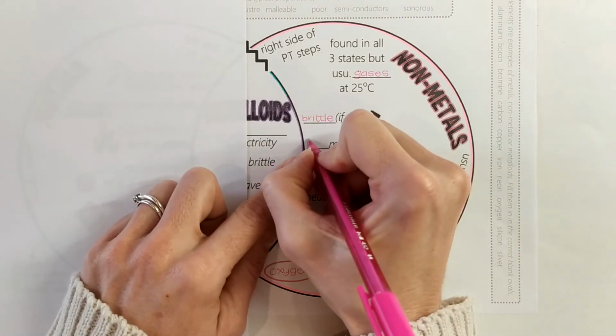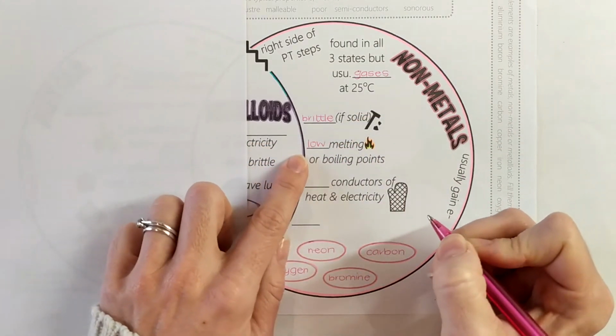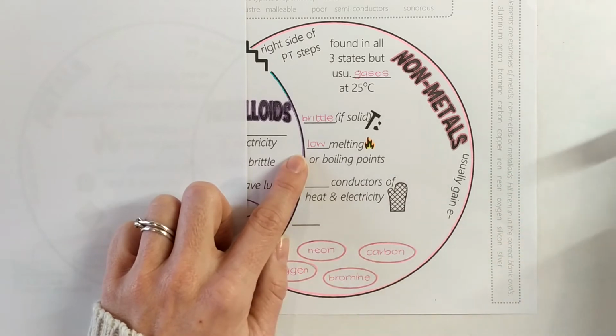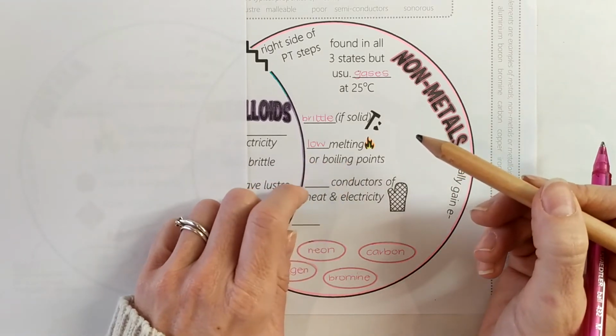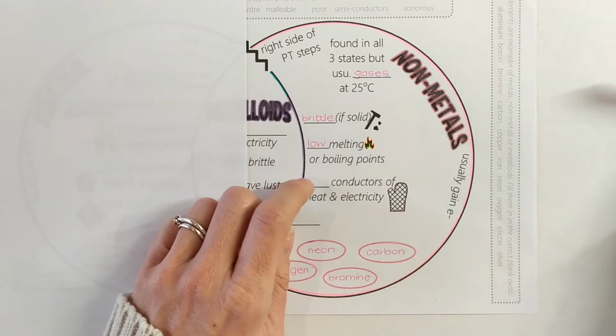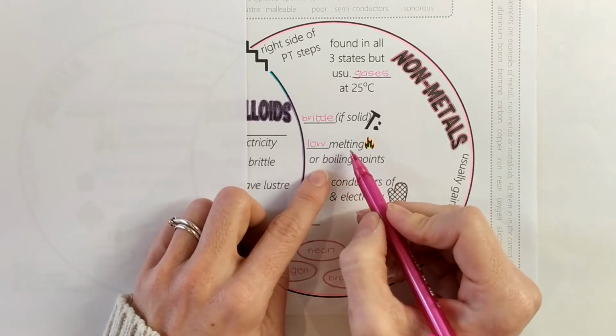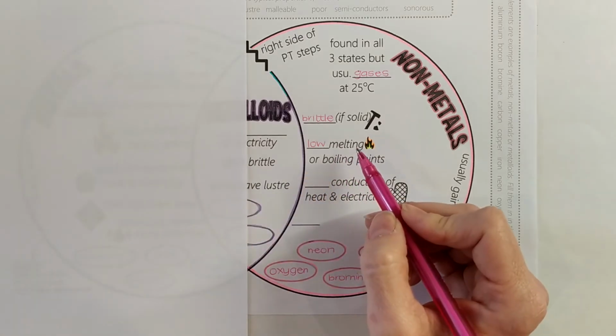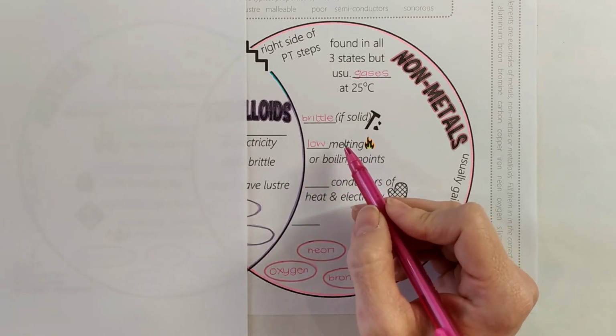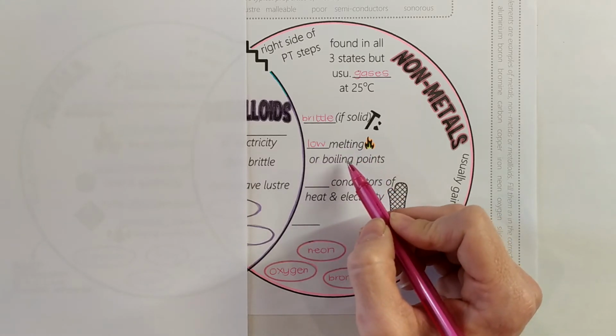They have generally low melting or boiling points. Funnily enough, graphite is one of the exceptions to this. It has a fairly high melting point compared to the other non-metals. But this generally means that they require fairly low heat to convert them from solids to liquids if they're melting, or liquids to gases if they're boiling.